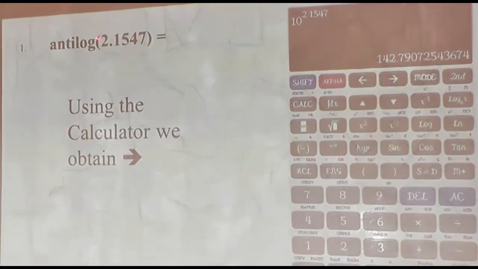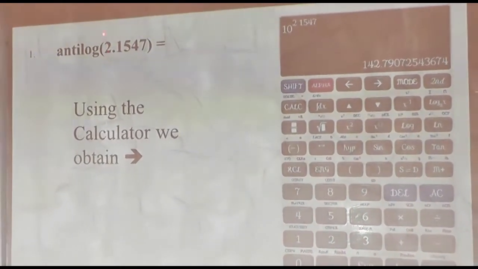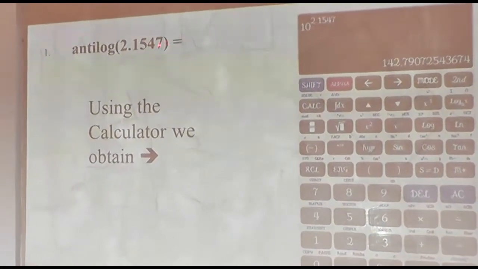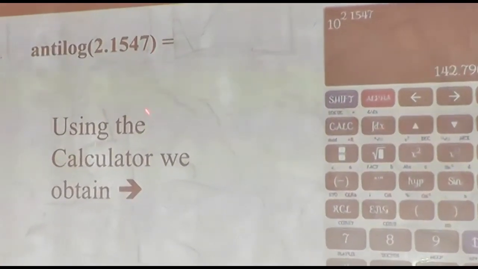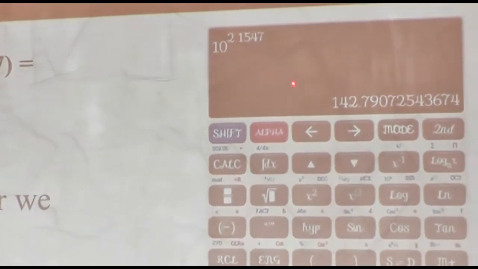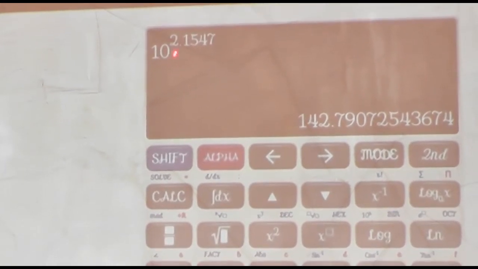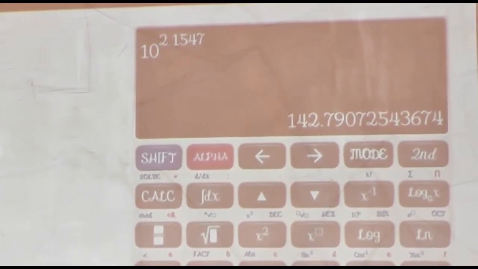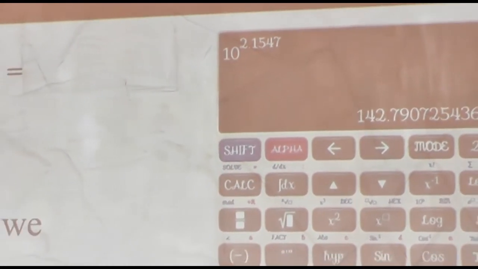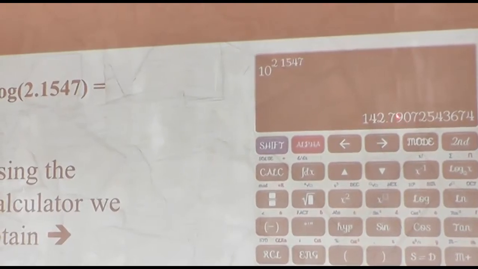We can also make use of a calculator to find the antilogarithm of 2.1547. Now, in finding the antilogarithm, you will simply type 10 raised to the power of 2.1547, and you'll be given the antilogarithm.